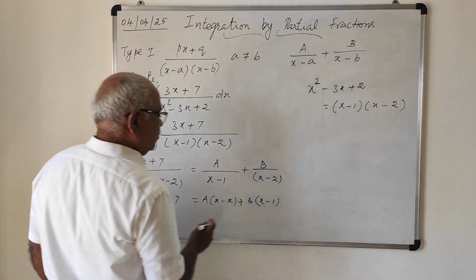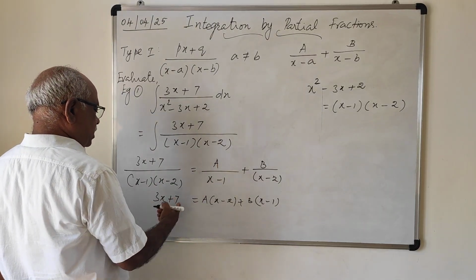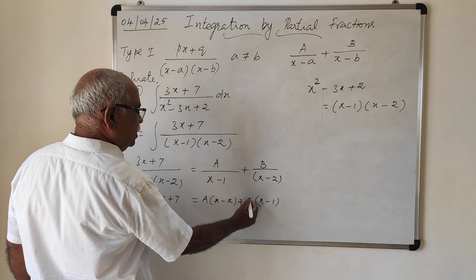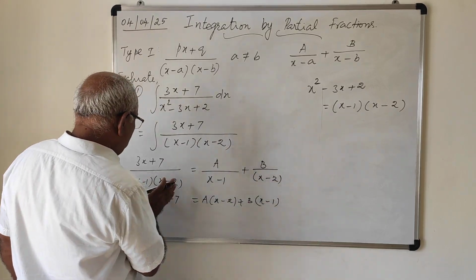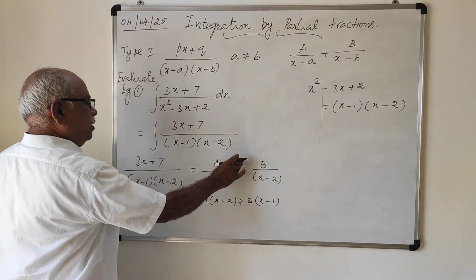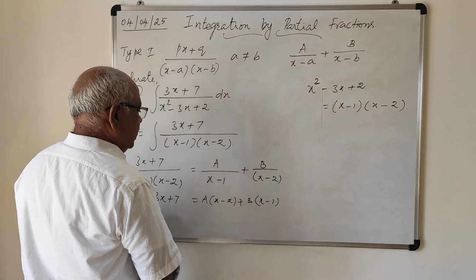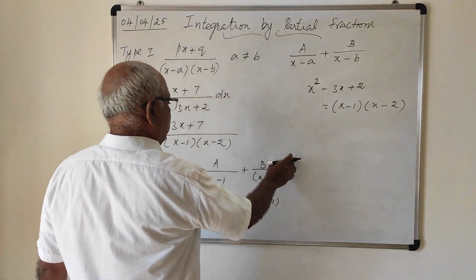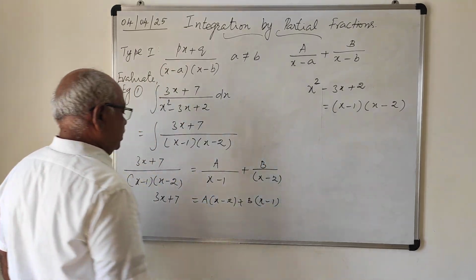This is the method of partial fractions you have studied already. Multiplying each term, in the first x minus 1 cancels, so you get a into (x minus 2). In the second, x minus 2 cancels, so you get b into (x minus 1).